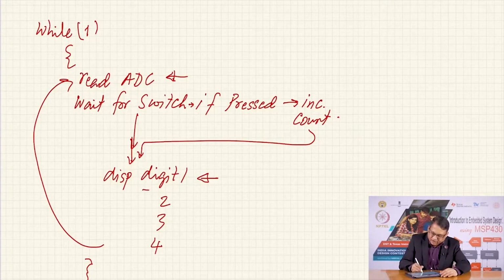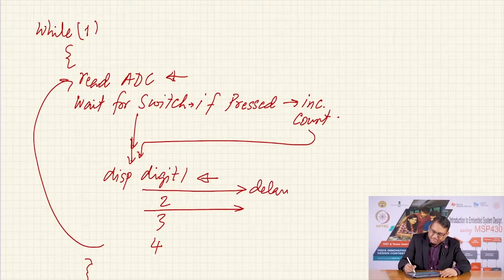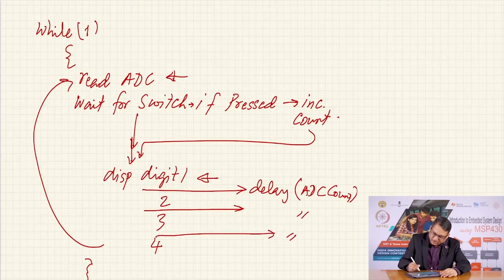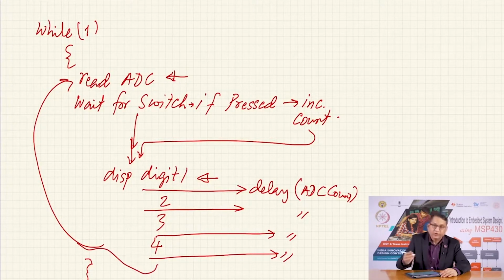Of course, I need to add here a delay, say delay based on the value of the ADC count. And so, you are going to repeat this here, here and also here, and then you will go back into this loop, go to read the ADC again.